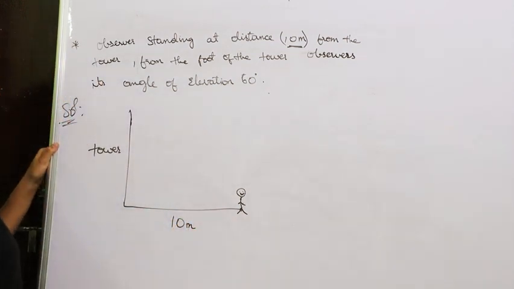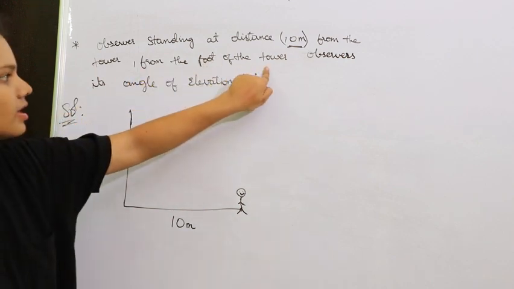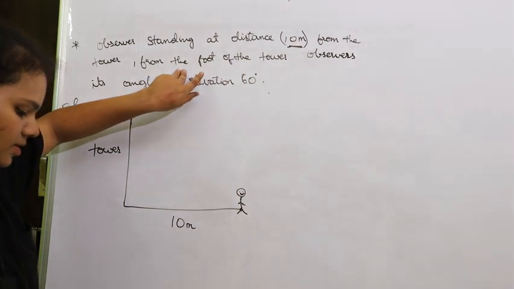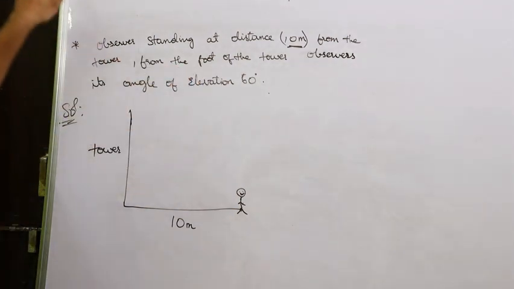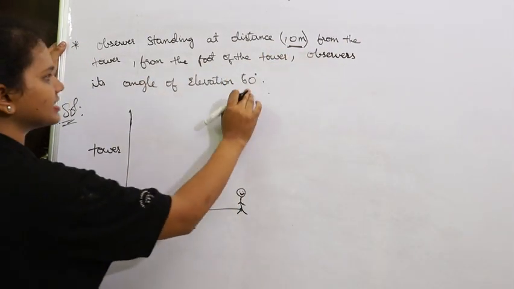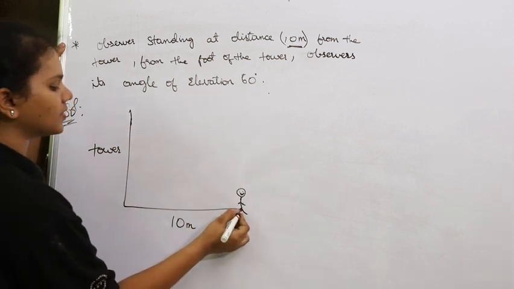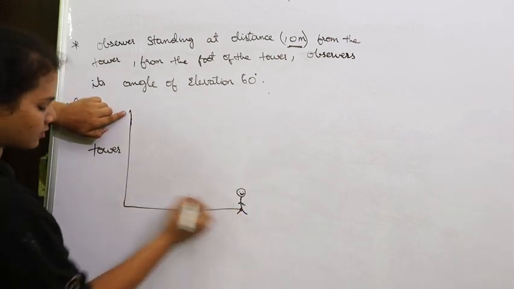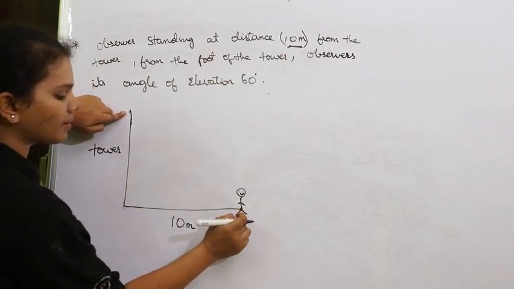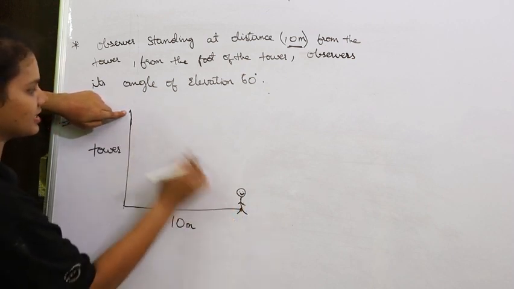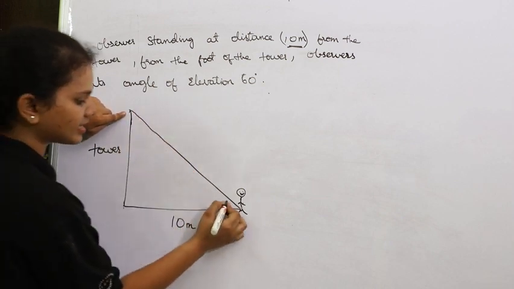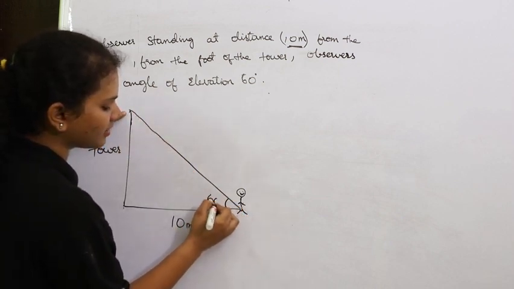Now, from the foot of the tower, the observer observes its angle of elevation as 60 degrees. This is the foot of the tower, guys. From the foot of the tower, this observer observes the top of the tower at 60 degrees. So here comes the angle of elevation, 60 degrees.